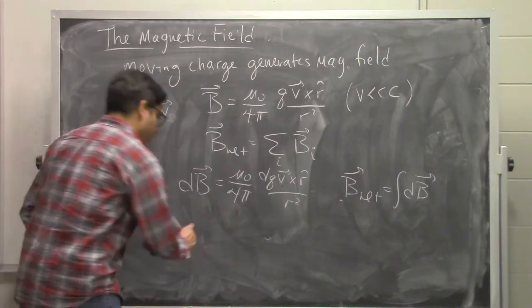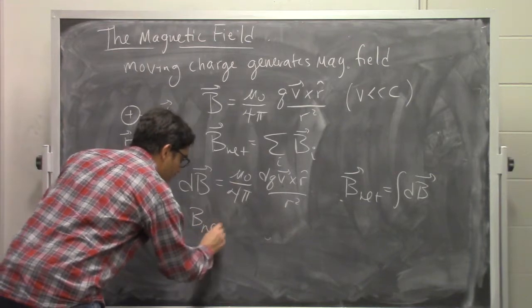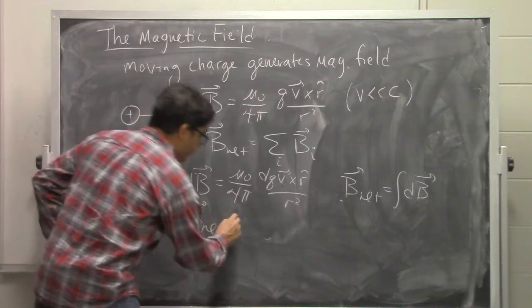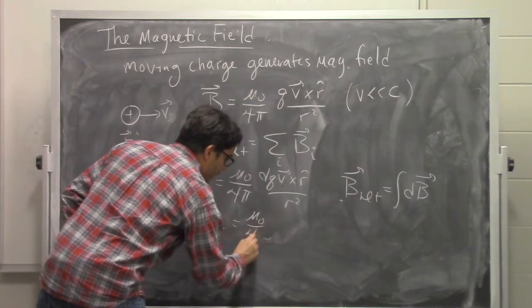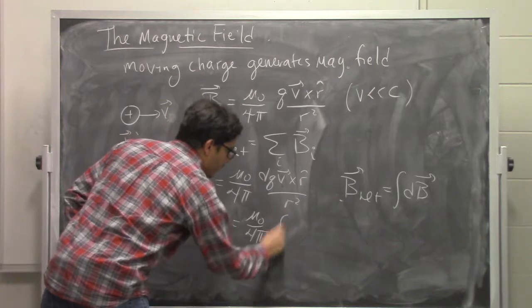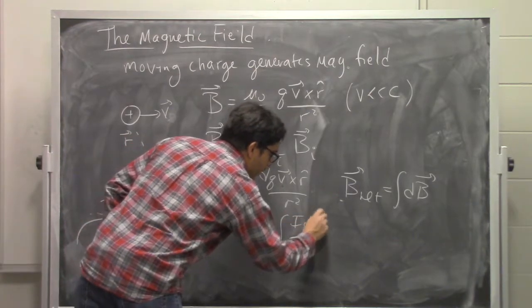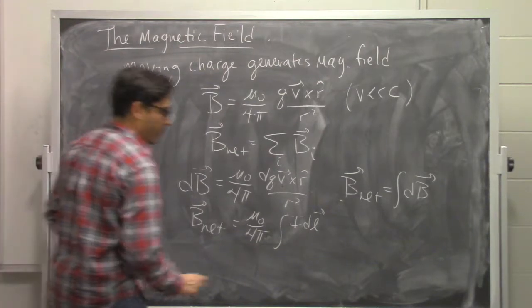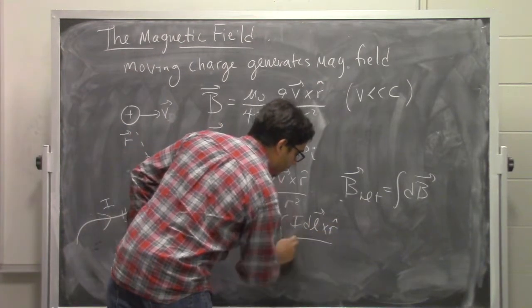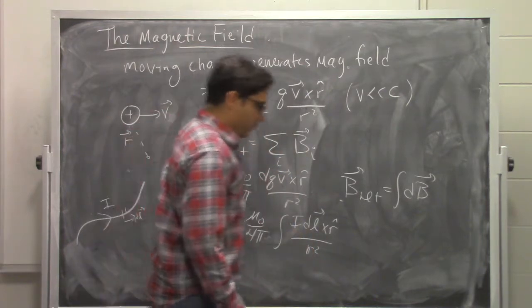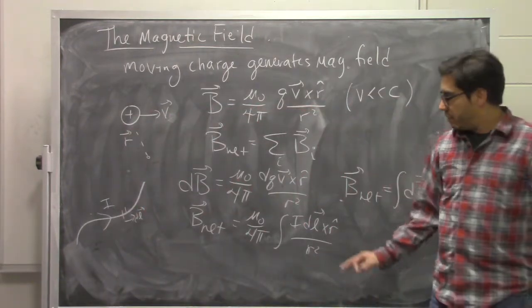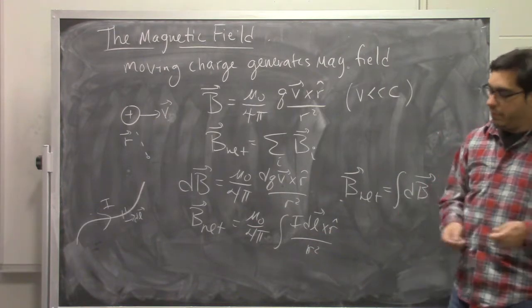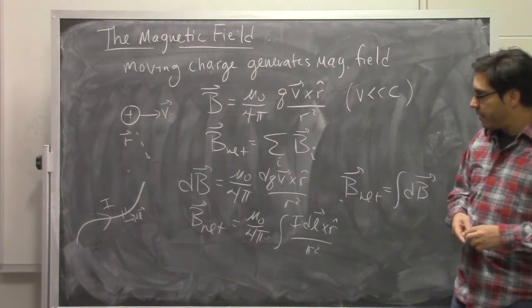And so the ultimate result that we get for a wire like this was related to the current itself and the wire's geometry, which is that it's mu naught over 4 pi, and it's an integral of the current times a little bit of displacement that points along the current direction crossed into r hat over r squared. And so this was the Biot-Savart law. It was a way of describing the magnetic field associated with wires, in particular long wires. So we derived a result for a very long wire to determine that.